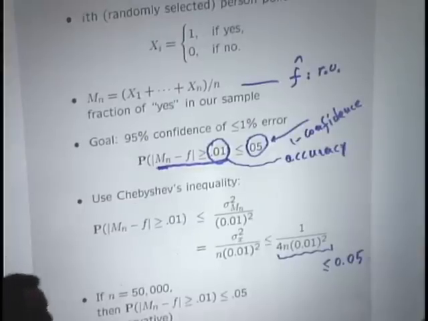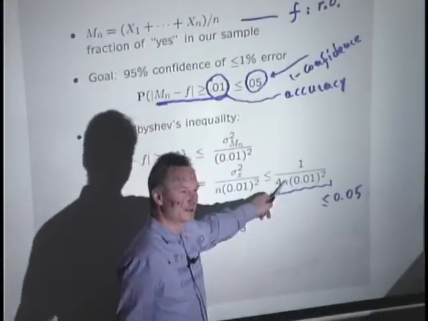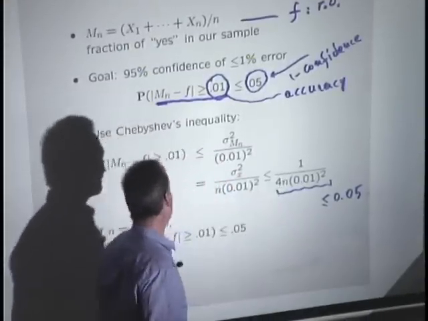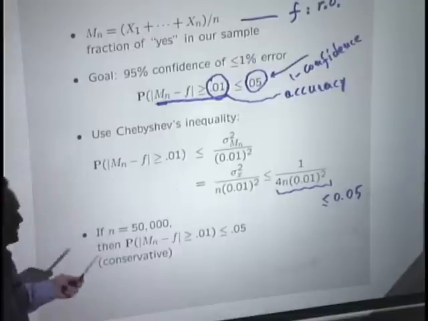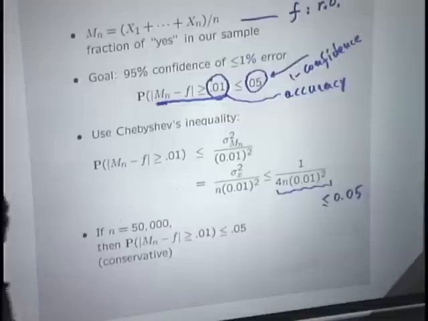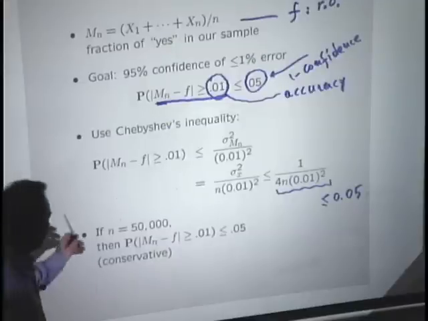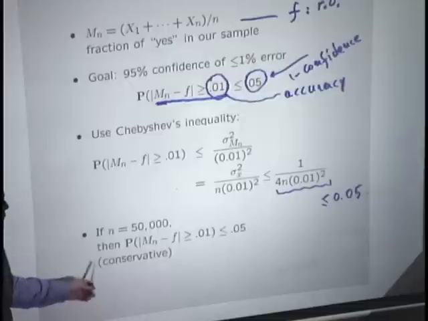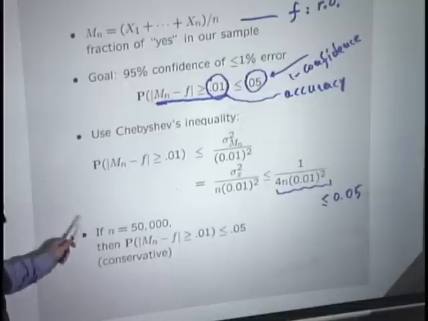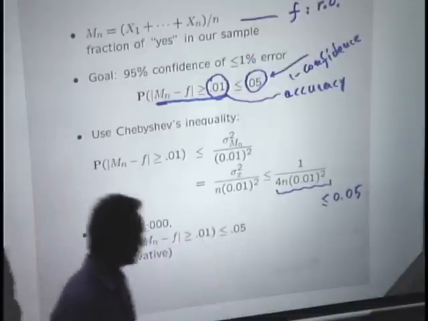What does it take for this inequality to be true? You can solve for n here, and you find that n should be larger than or equal to 50,000, so you can just let n be equal to 50,000. So the Chebyshev inequality tells us that if you take n equal to 50,000, then we are guaranteed to satisfy the specs that we were given.